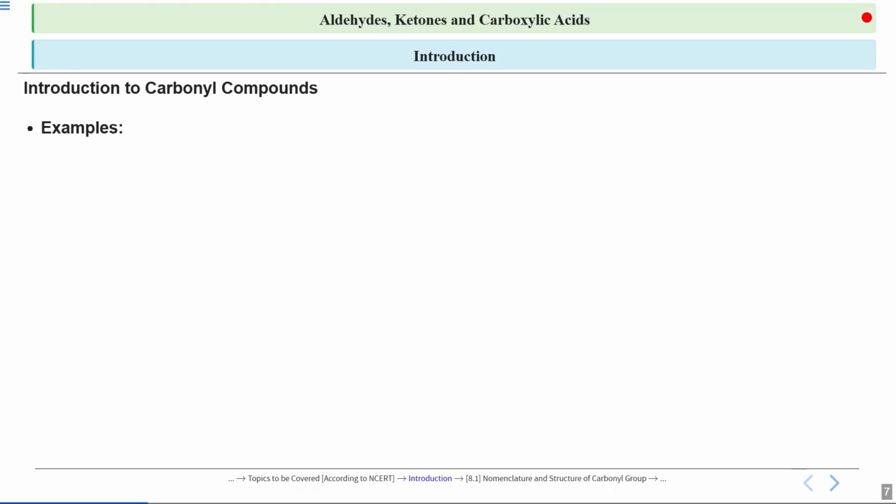Next we will see some examples. First, vanillin, which gives vanilla its characteristic flavor, is found in vanilla beans. Next, salicylaldehyde is found in meadowsweet.